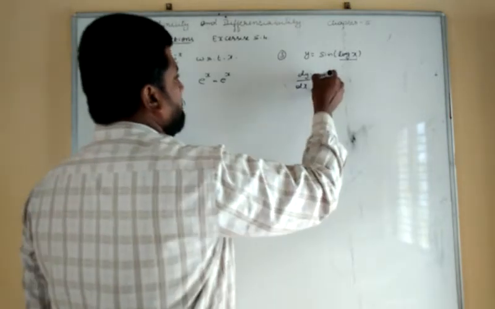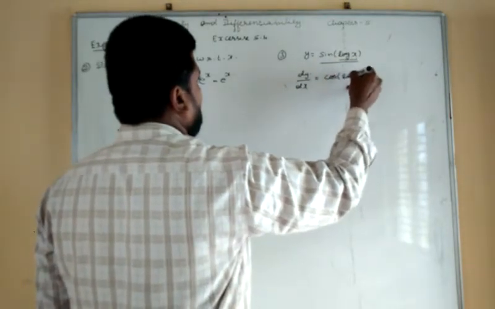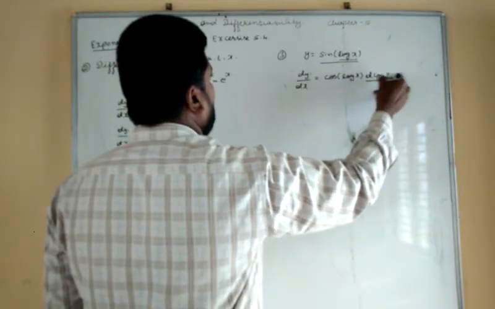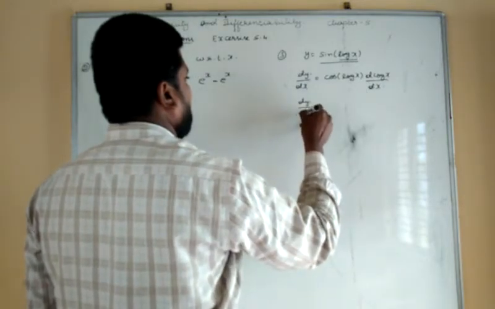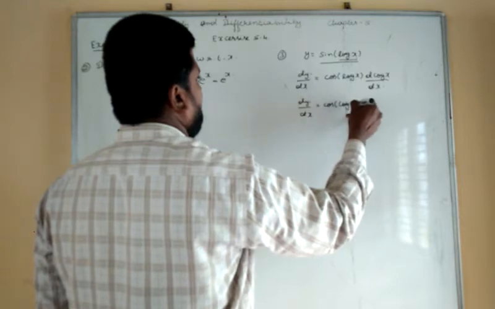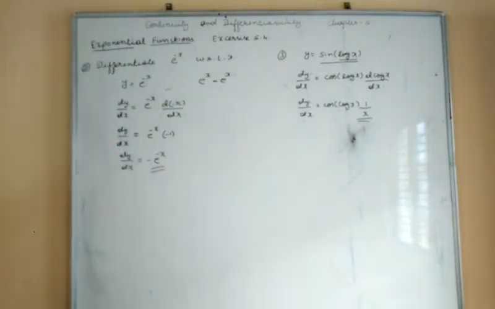Sine x differentiation is cos x. In the place of x, log x is there. Again we have to do the differentiation of log x. Then dy by dx is equal to cos of log x into log x differentiation, which is 1 by x.